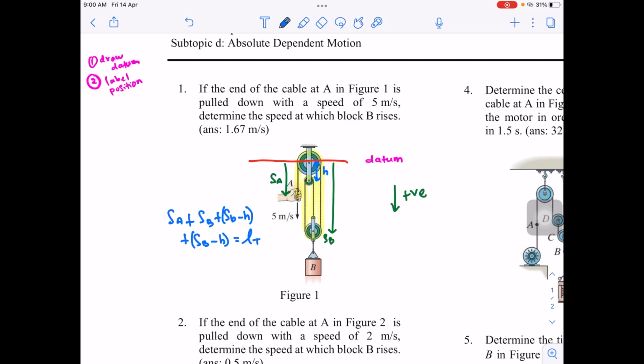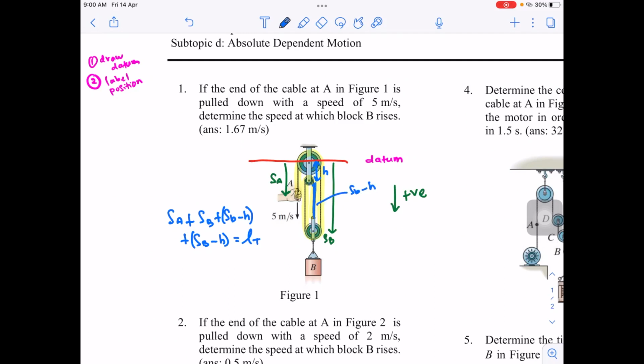Kenapa nak tolak tu? Bukan nak abaikan dia. You nak abaikan boleh. Saya nak tunjuk saja. Kalau you abai pun tak ada masalah. Oh, okey. Okay, sebab SB tolak H tu panjang yang ini. This length. That length. So ini adalah SB tolak H. Okay. Kalau you nak abaikan pun tak apa, sebab nanti kita akan differentiate, integrate.